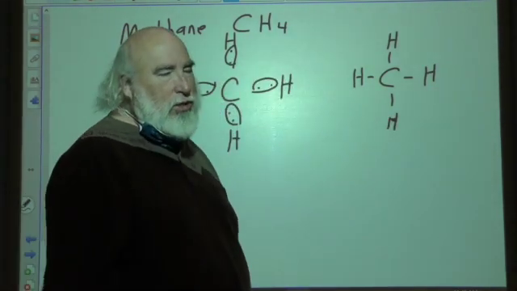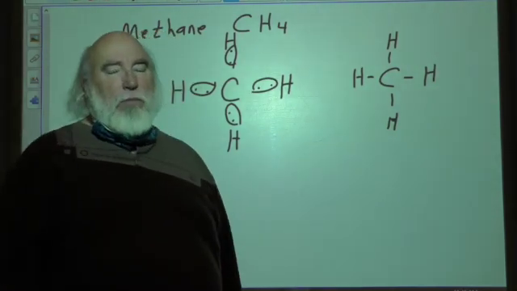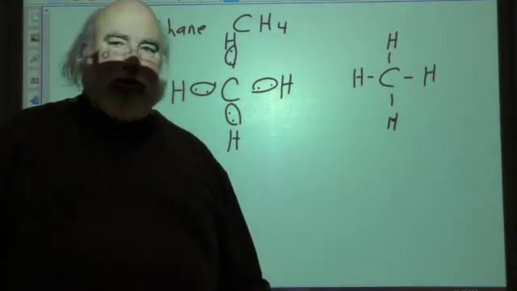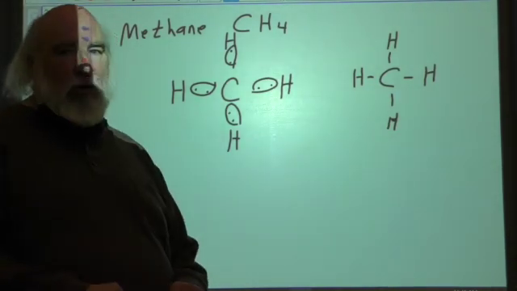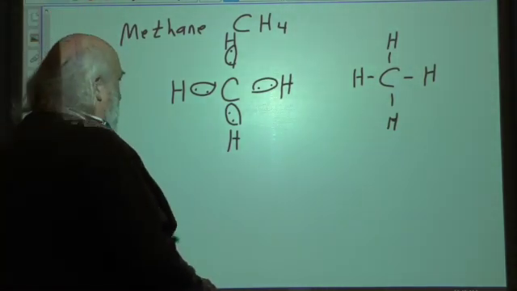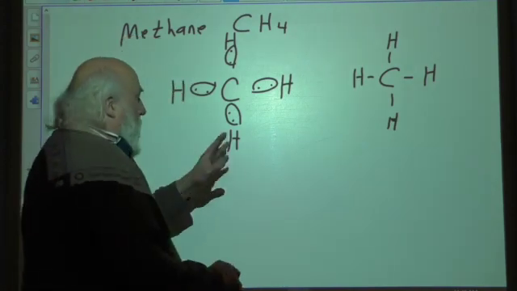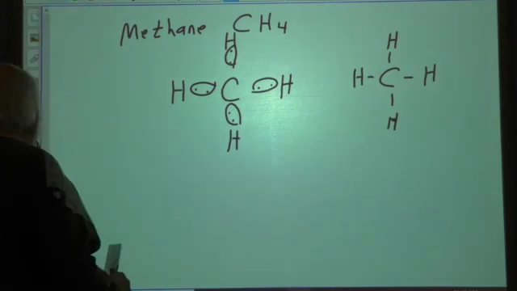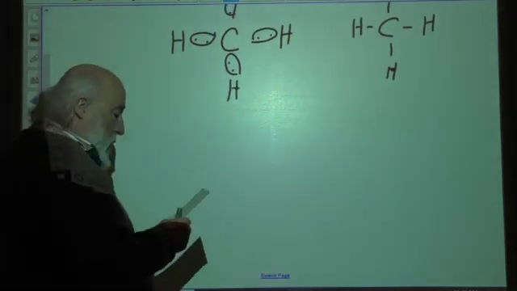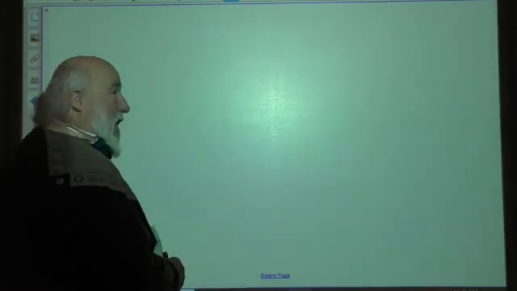That's the representation, but that isn't really what it looks like. But it's the representation that allows us to know how they're going to distribute themselves around the central atom. So that's the circular, and that's the linear. Those are the dot structures. The last one we're going to do is cyanide.